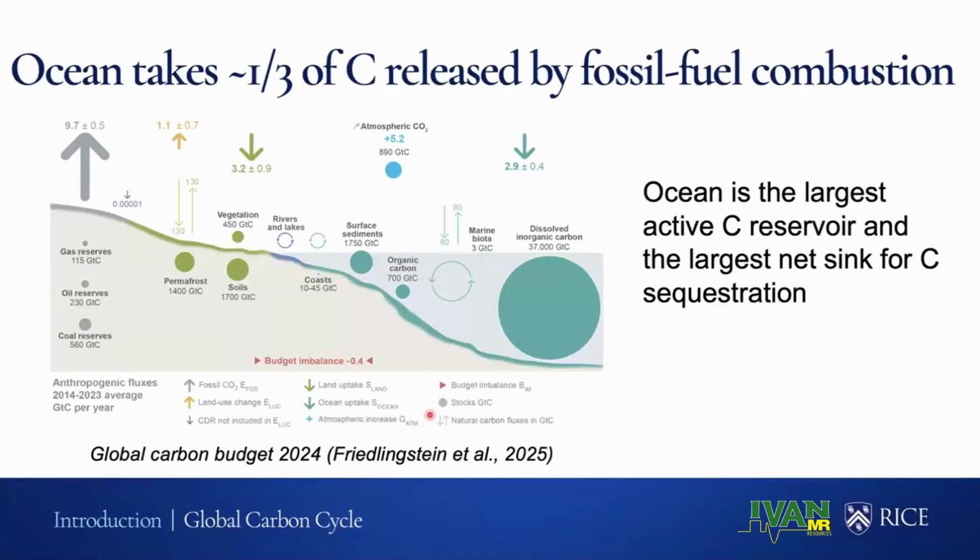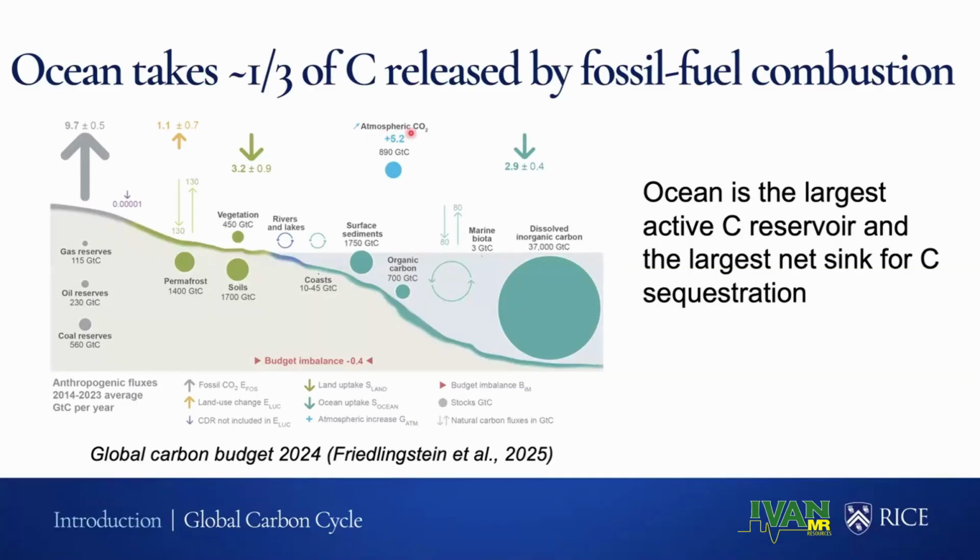This figure shows the most up-to-date global carbon cycle, the major reservoirs and the annual flux. You probably saw some of this in Azmarat's talk and Adriana's talk. I just want to focus on the role of the ocean.